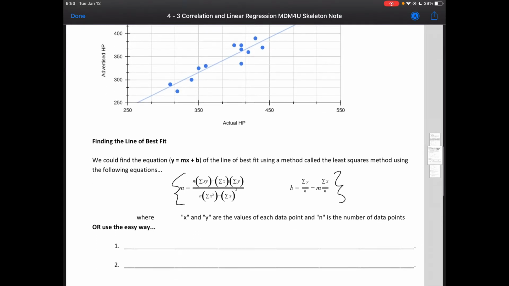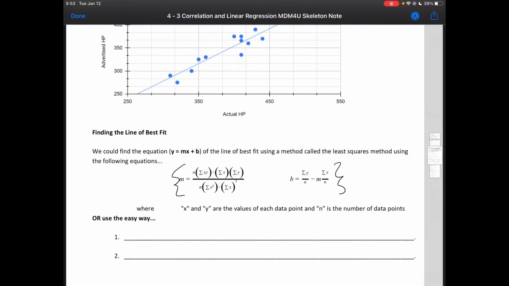We could do it using these fancy equations, or we could do it the easy way: by drawing a line of best fit on the scatter plot, and then picking 2 points and finding the equation of the line.